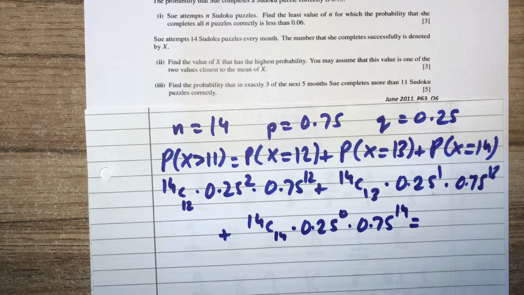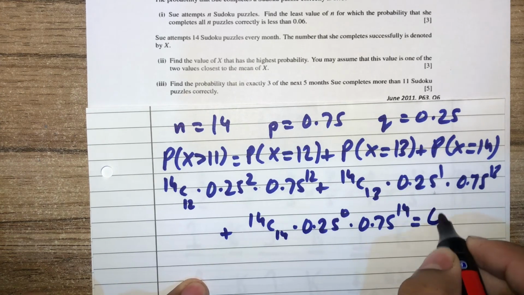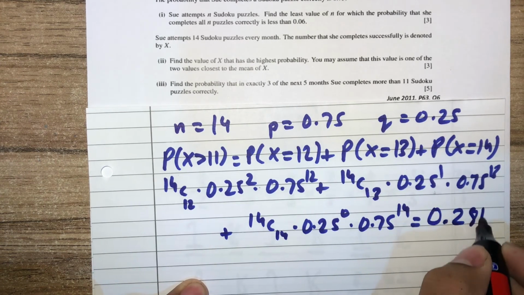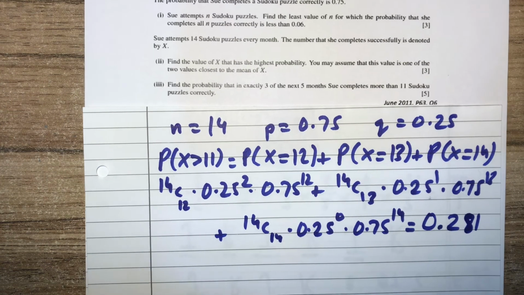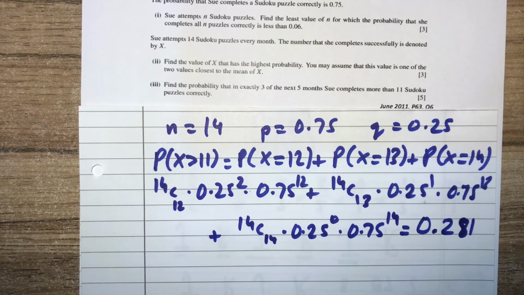So this is coming equal to 0.281. Now this is the probability of completing more than 11 Sudoku puzzles in 1 month.